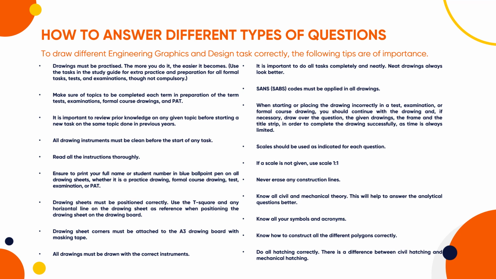That will help you make sure that you don't get drawings that are skew at the end or not 100% answered correctly. So positioning the drawing sheet first is so important. Using the T-square parallel with the horizontal line helps with that. And then yes, we have cloths on most of our drawing boards, but sometimes there are corners where we'll need to use a bit of masking tape to make sure that our paper does not move at all.